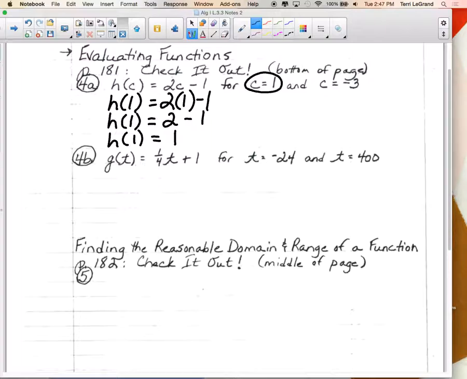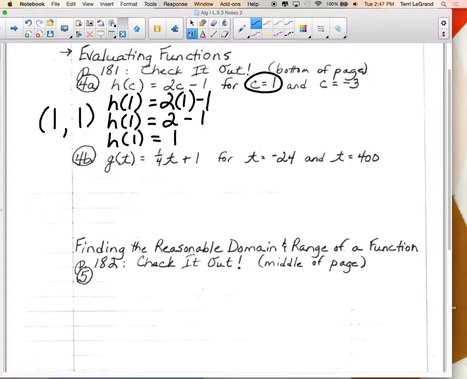So what would the ordered pair be for this function that we just found? Jalen? 1, 1. The input value, the c value is 1. The output value, the h of c is 1. Ordered pair 1, 1. That's one of the ordered pairs for this function.